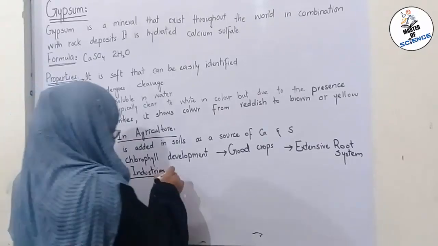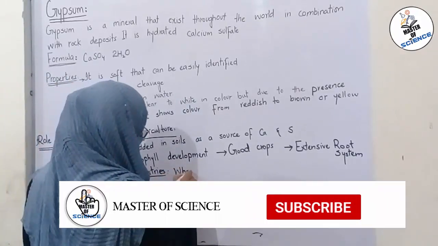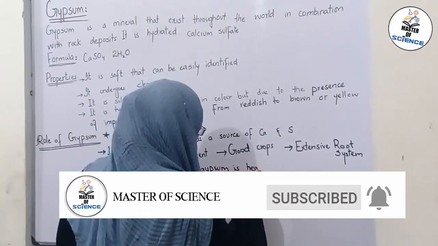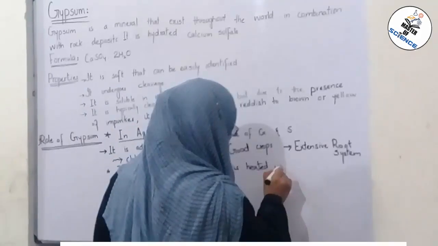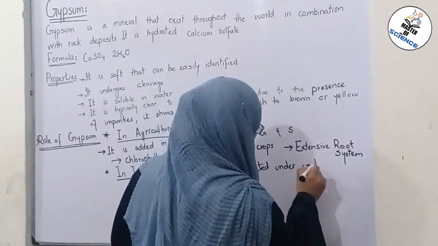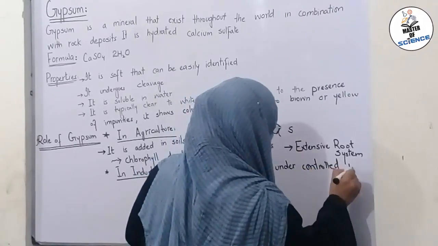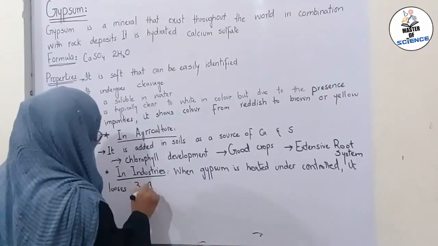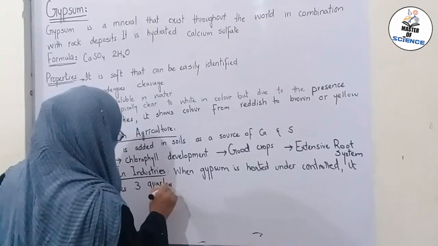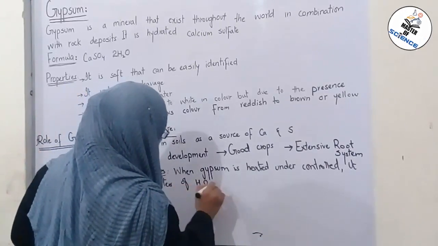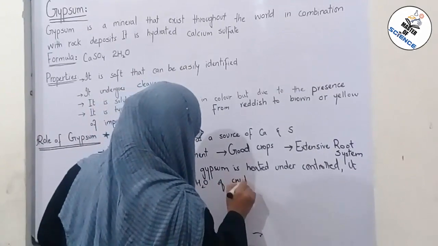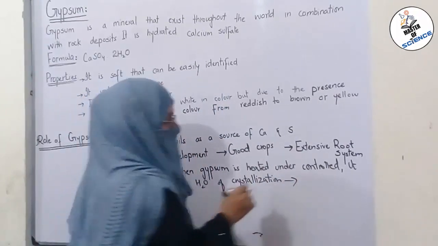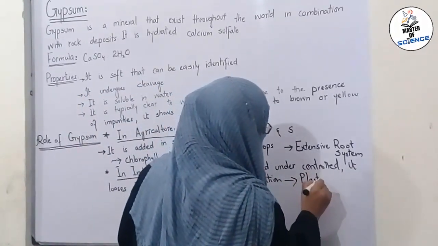So we can write here, when gypsum is heated under controlled conditions, it loses 3/4 of water of crystallization, and the resulting product is called plaster of Paris.